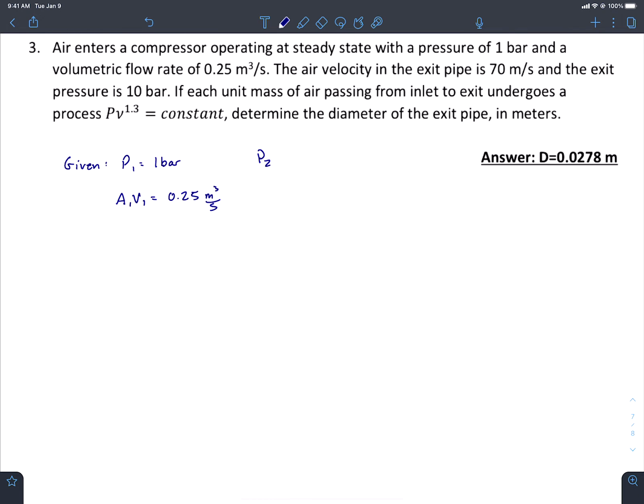P2 is equal to 10 bar. And V2 is 70 meters per second. So we're also given this P, and I'm going to try to differentiate my V's. But P small v to the 1/3 equals constant.